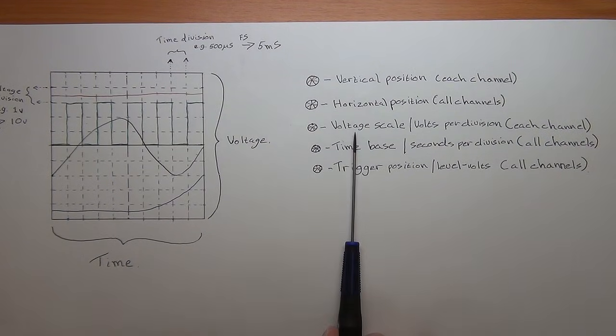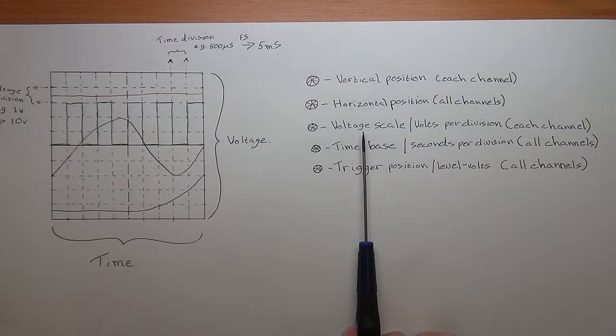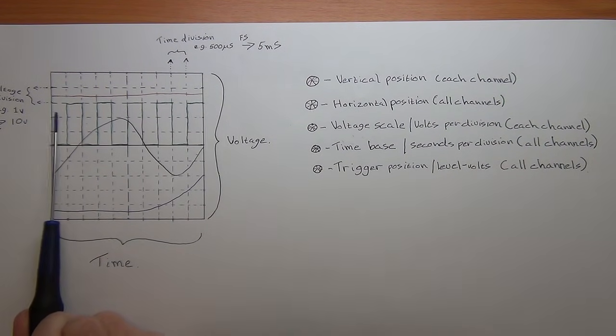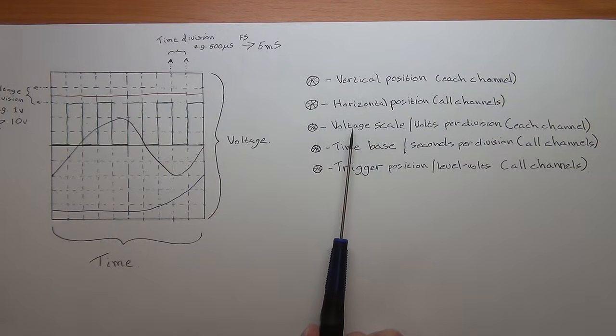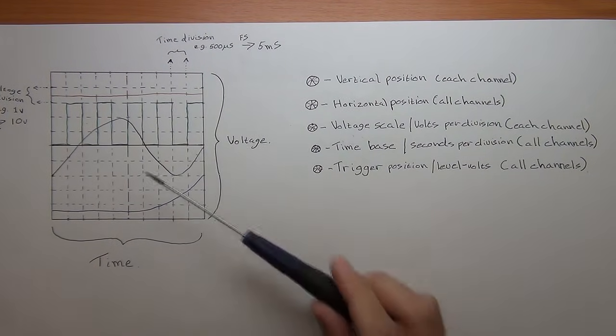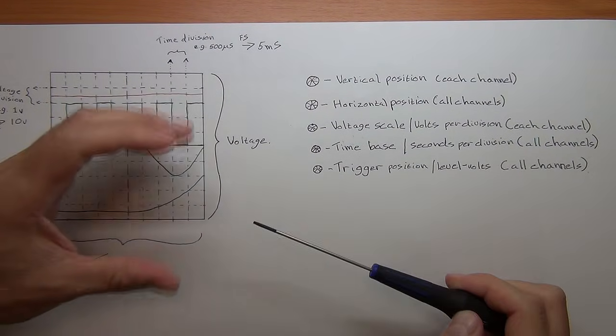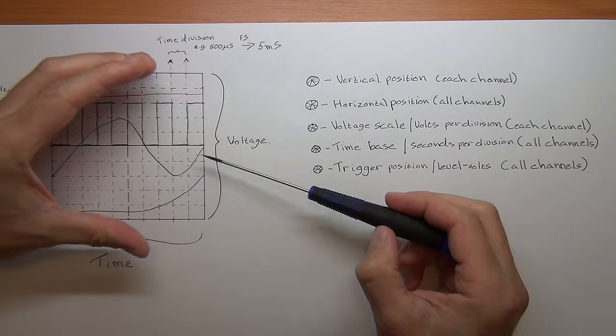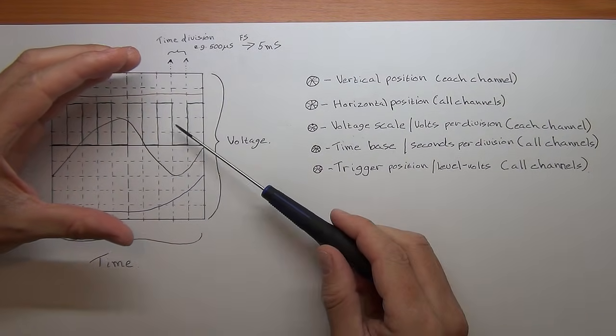The next thing then is the voltage scale, and this is where it gets more interesting. This is where I mentioned you can adjust your volts per division. So each one of these squares, you turn that knob and you can adjust that scale. In essence it's like a zoom feature, allowing you a closer view of a particular part of the signal.